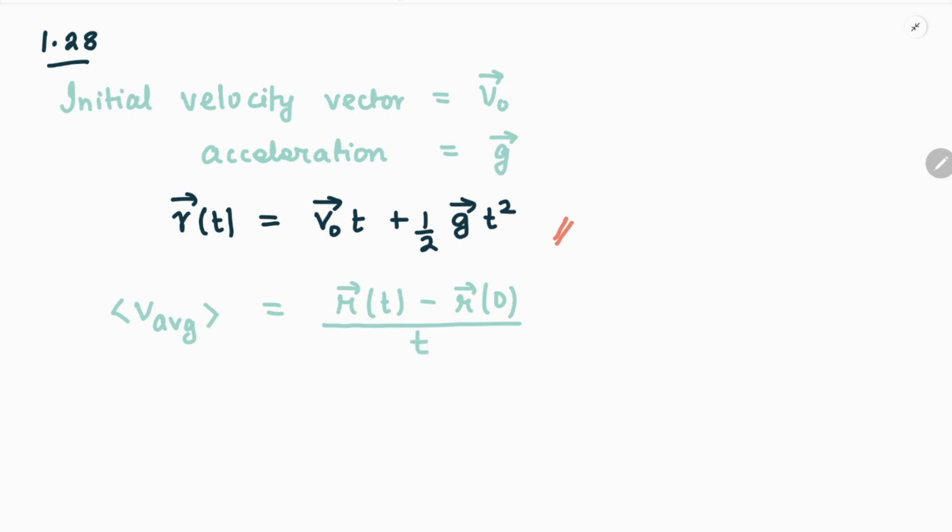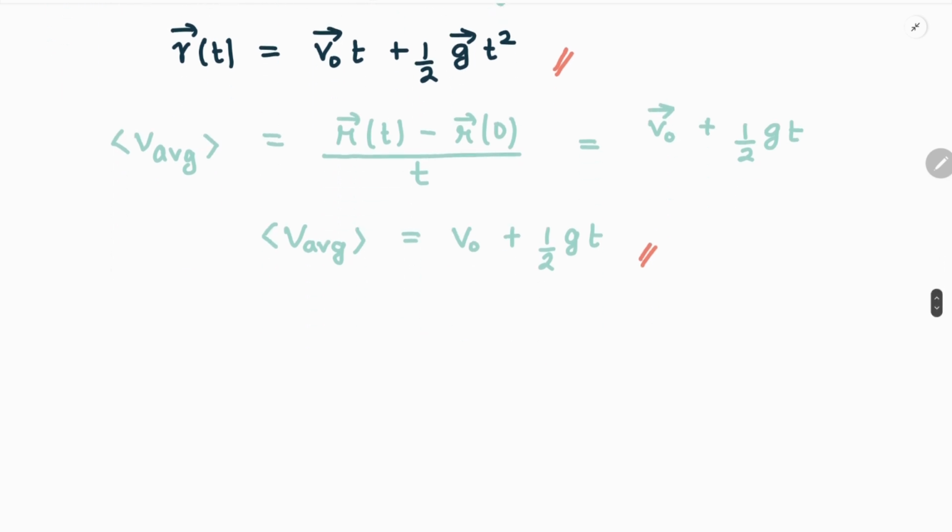If we substitute the values here, we get v average equals v0 plus half g t. So this is the answer to the second part asked in the problem.